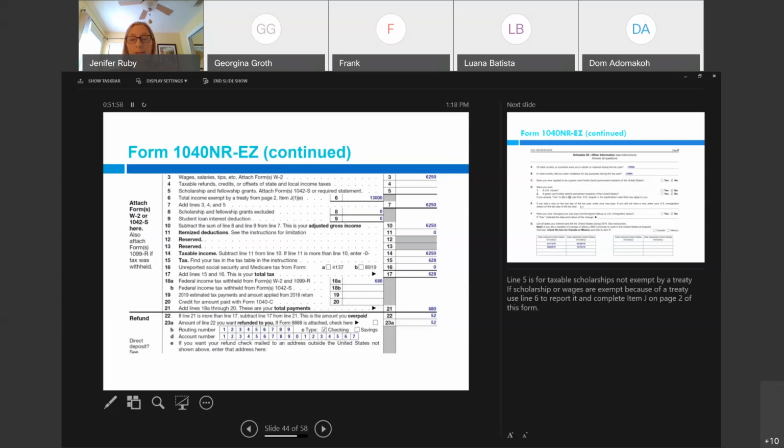In that case, you would actually have to send in an additional amount and pay the government. So you can see in lines 23A through D, you're going to provide information about your bank account where the refund can be issued to you. I would highly encourage you to do that rather than a paper check at this point.